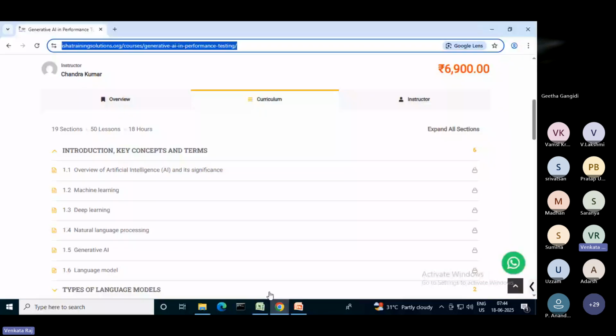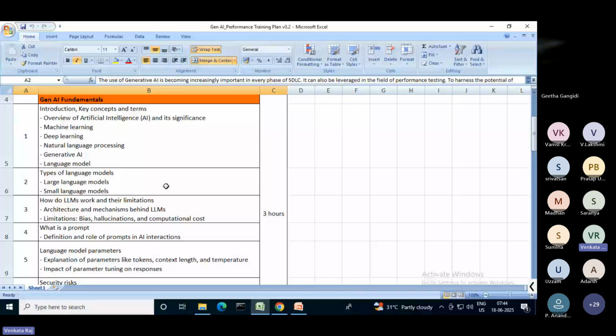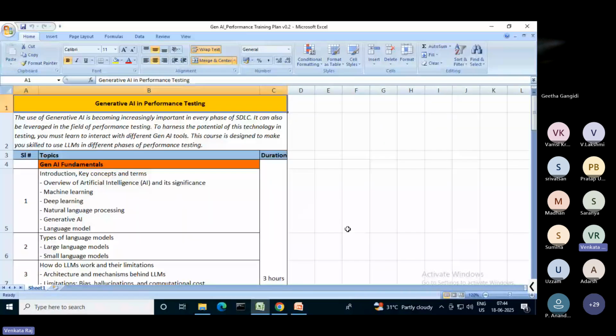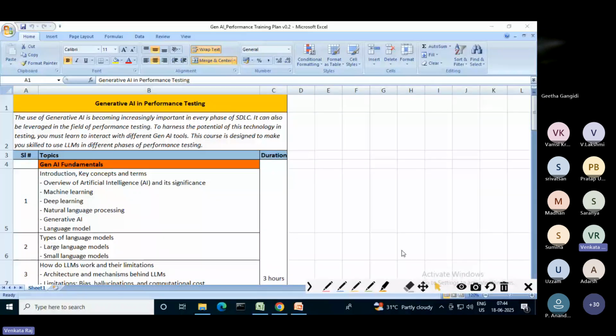I'll go through this in the Excel because it will be better for you all to understand from here. As we all know, generative AI is becoming very important in the different phases of the software development life cycle. We can leverage generative AI in the field of performance testing also.